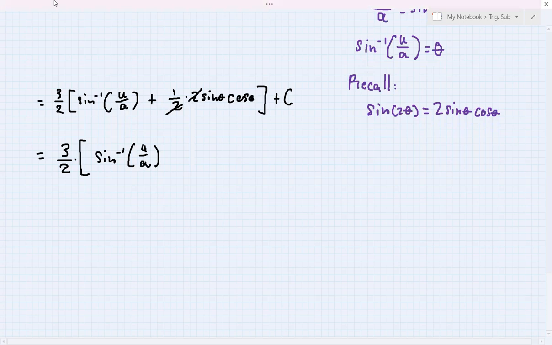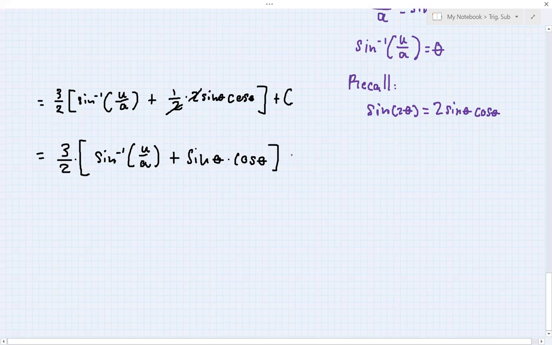Ayan. So we will have arc sine of u over a. Wait lang. Medyo pangit. This is supposed to be u. Yan. Plus sine theta times cosine theta. Ayan. So, ngayon nandito na tayo.